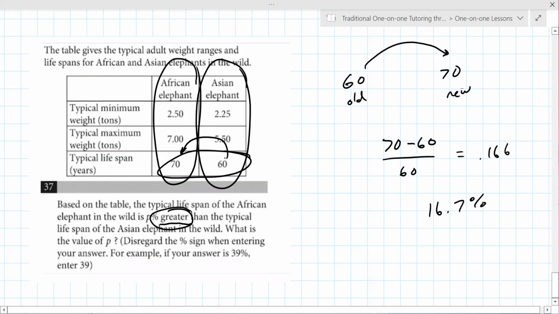It's the new minus the old over the old. So I did do something wrong. My fault. What a doof. Oh, don't be so hard on yourself. Lots more problems we can look at.